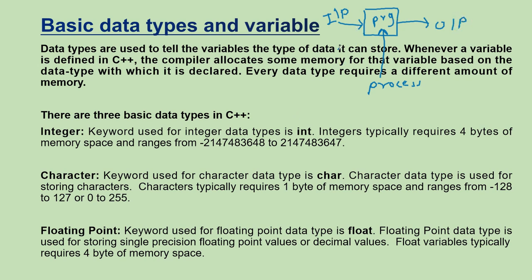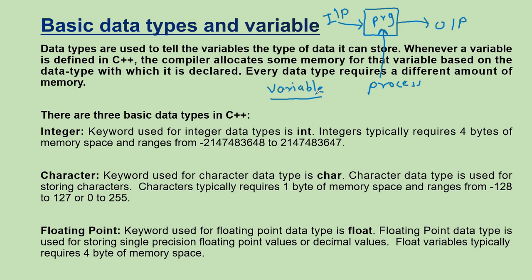So to get input, we need something to hold that input. We need a container for that particular input, and the container or holder of input is nothing but a variable. First we have to create a variable. A variable will be used to hold input, but input can be of different types.